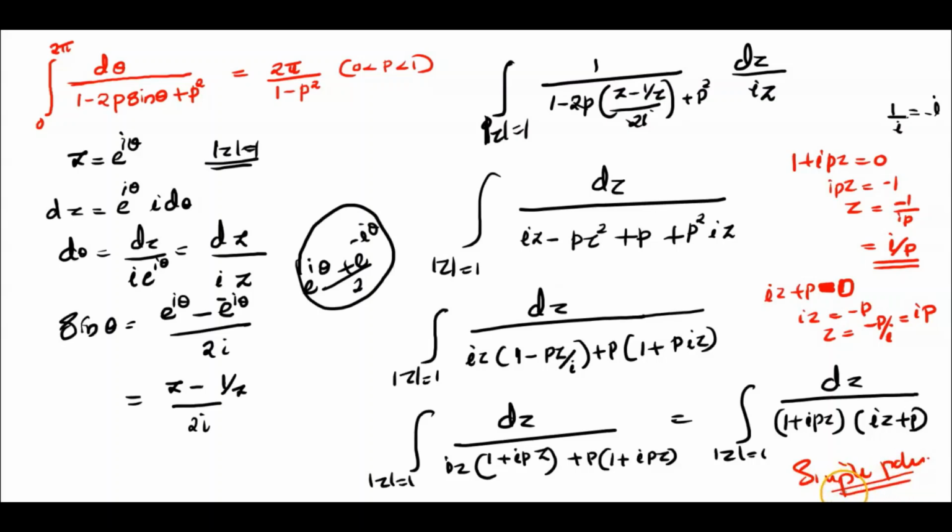So we know that with the residue theorem, we get the integral over mod z equal to 1 of dz divided by 1 plus ipz into iz plus p.